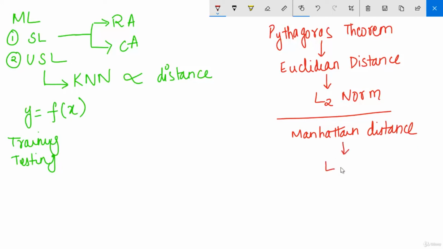There we have seen L1 norm, and I've also given you a trick to remember how exactly it works.